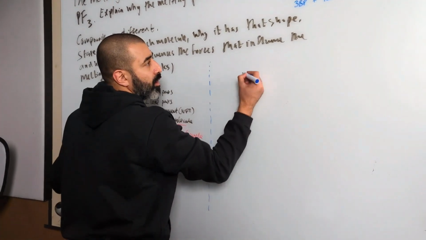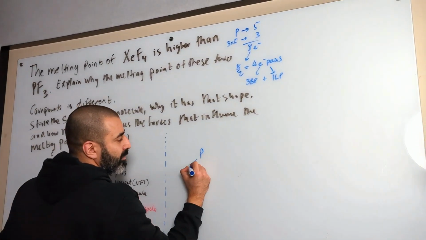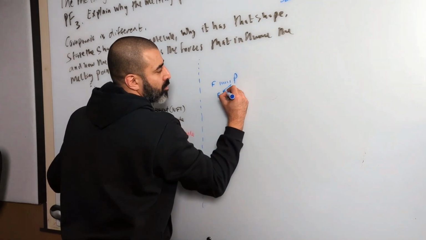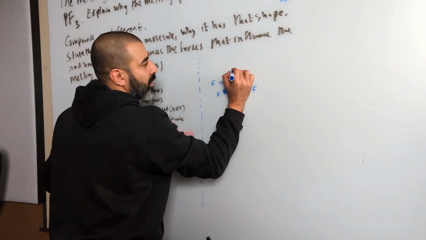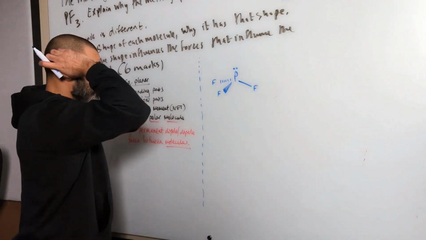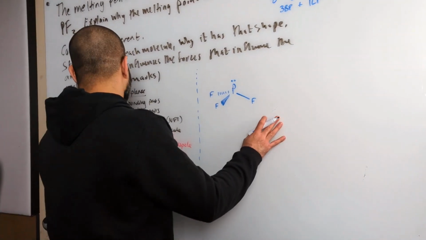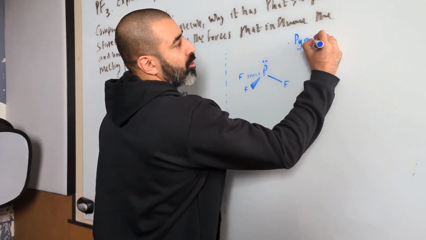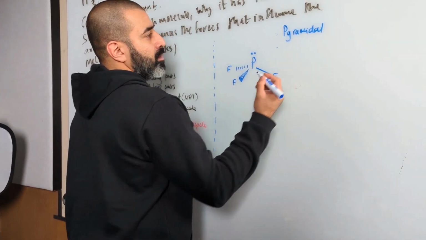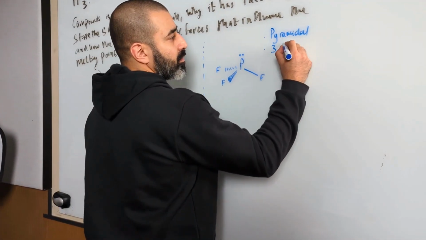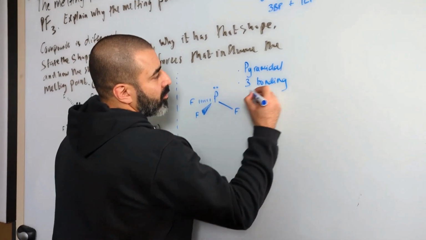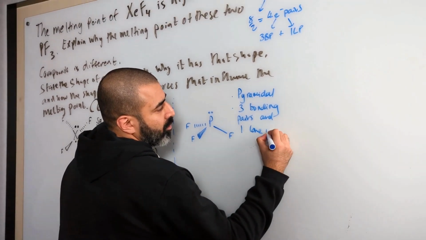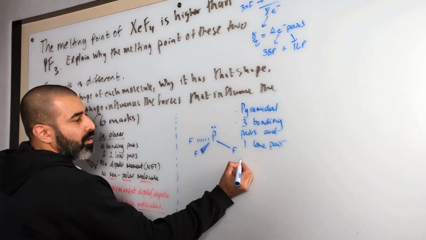So, if you've got 3 bonding pairs and 1 lone pair, the shape is going to be pyramidal. And you've got a lone pair on the central phosphorus. Now, shape is going to be pyramidal. Let's just say we've got 3 bonding pairs and 1 lone pair.